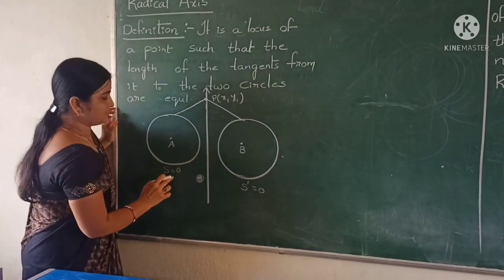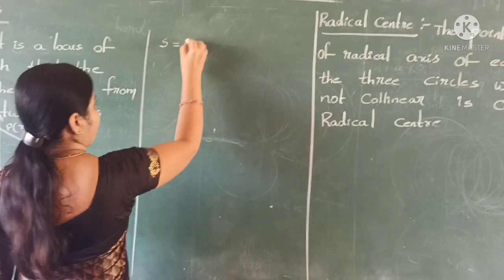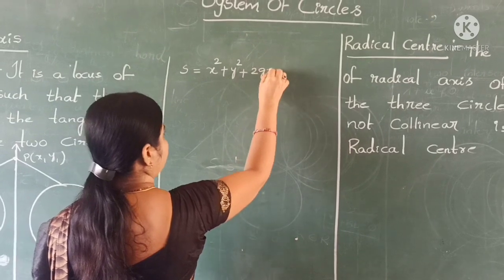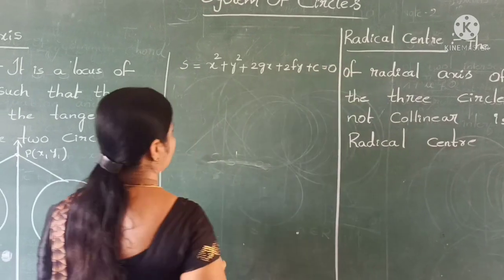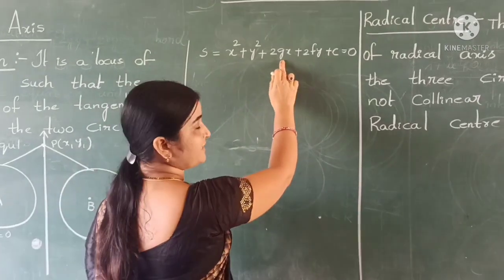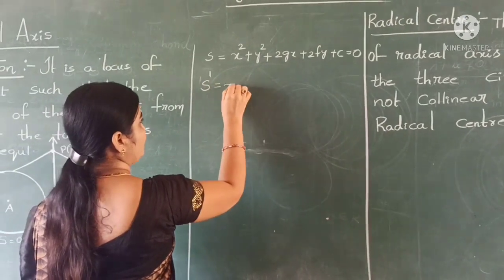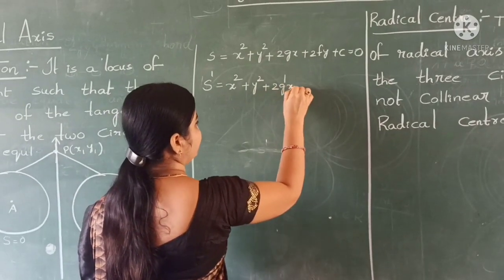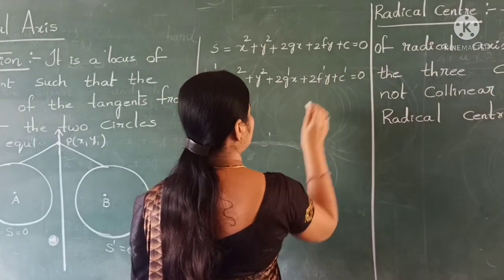So S is equal to 0 and S dash is equal to 0. S is equal to x square plus y square plus 2gx plus 2fy plus c is equal to 0. This is the equation of the circle. Another circle is S dash is equal to x square plus y square plus 2g dash x plus 2f dash y plus c dash is equal to 0.